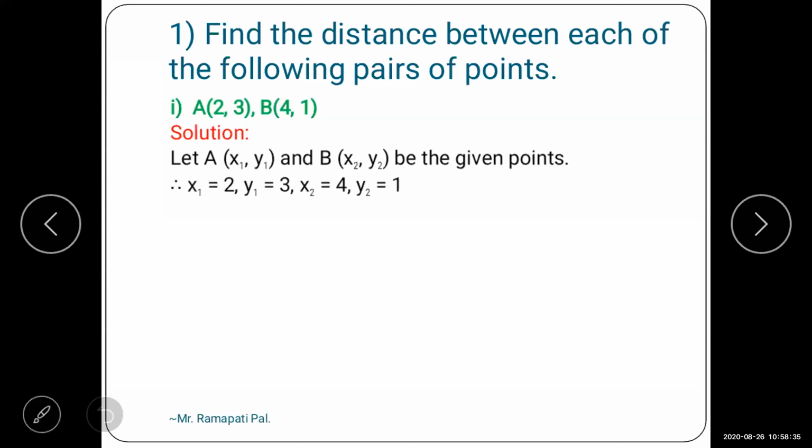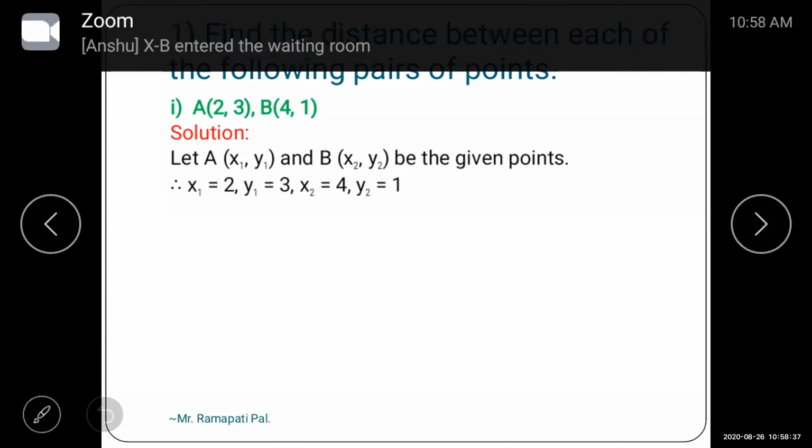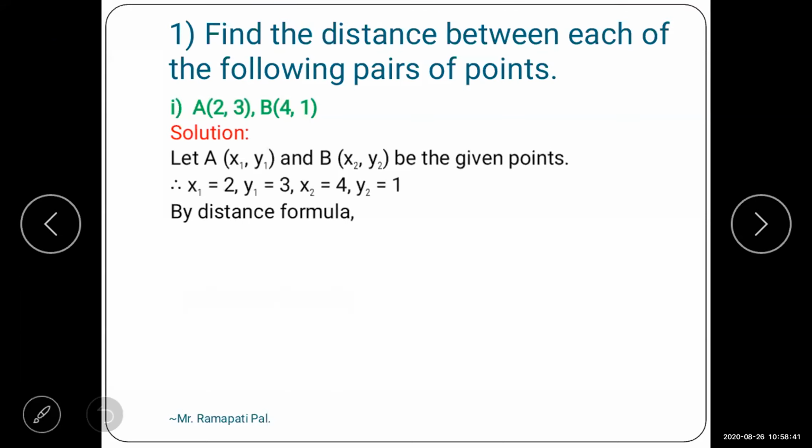So by using the distance formula, distance AB is equal to under root (x2 minus x1) whole square plus (y2 minus y1) whole square. Now substitute the values. You know what x2 is? 4, correct? What is x1? 2.